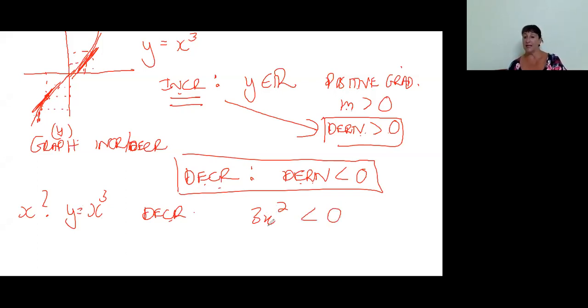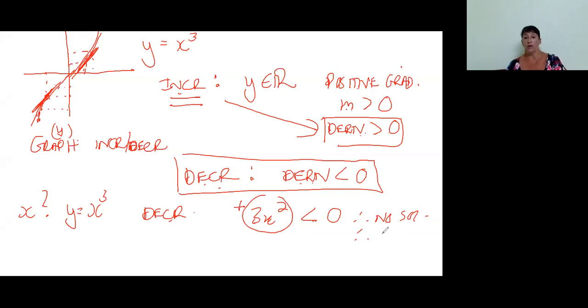Which means I need to solve this. Now there are two ways to solve it. First of all, you can do it by inspection. Anything squared is positive. Times a plus 3 is positive. So this is always positive. So can it be negative? No. So therefore, there's no solution.